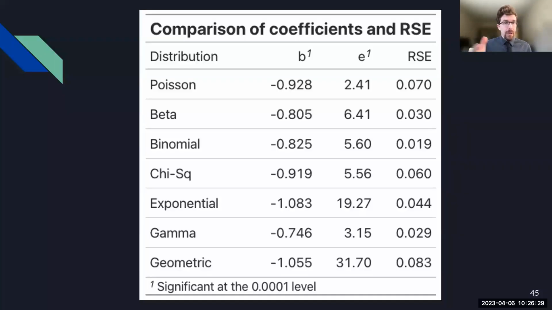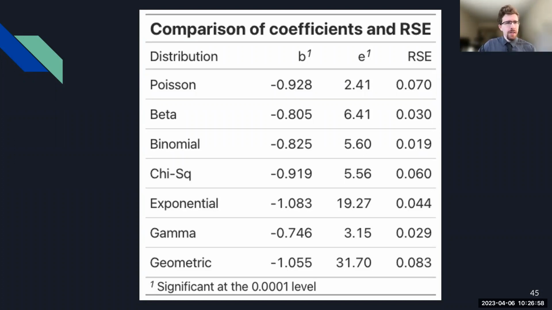As promised, we have the RSE and the log logistic model fitted for each of these distributions. The RSE is fairly low for all of them, the highest being geometric at 0.08, then 0.07, then 0.06, 0.04. We have 4 values below 0.05 and 3 just slightly above.